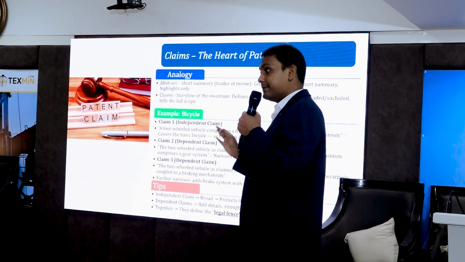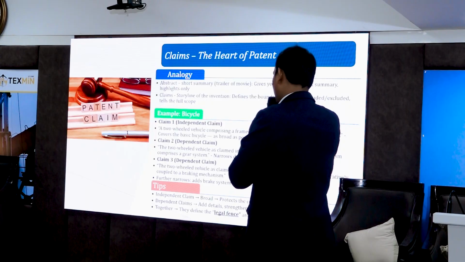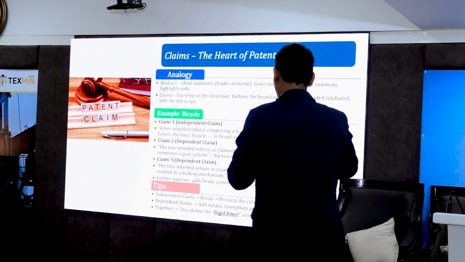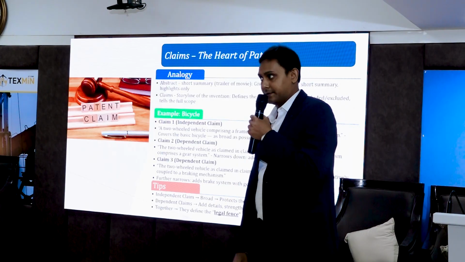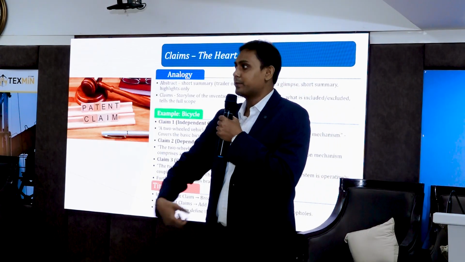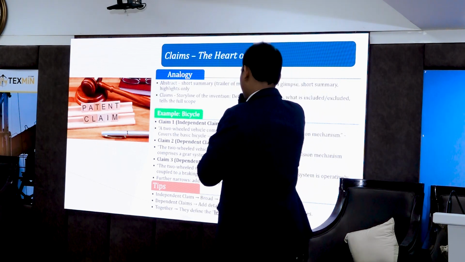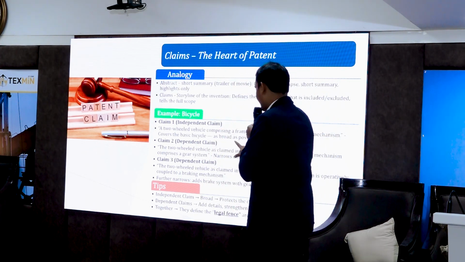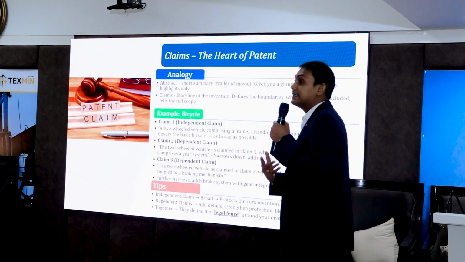That means it is depending on claim 1, which is the independent claim. The two-wheel vehicle as claimed in claim 1, wherein the propulsion mechanism comprises a gear system. We know what the propulsion system in a bicycle is, and in the dependent claim we are narrowing it down. We are adding the gear.